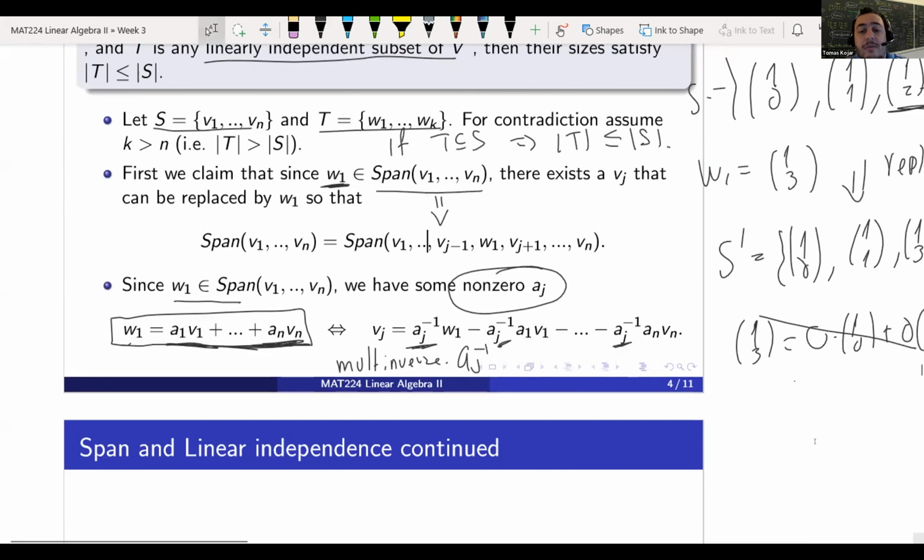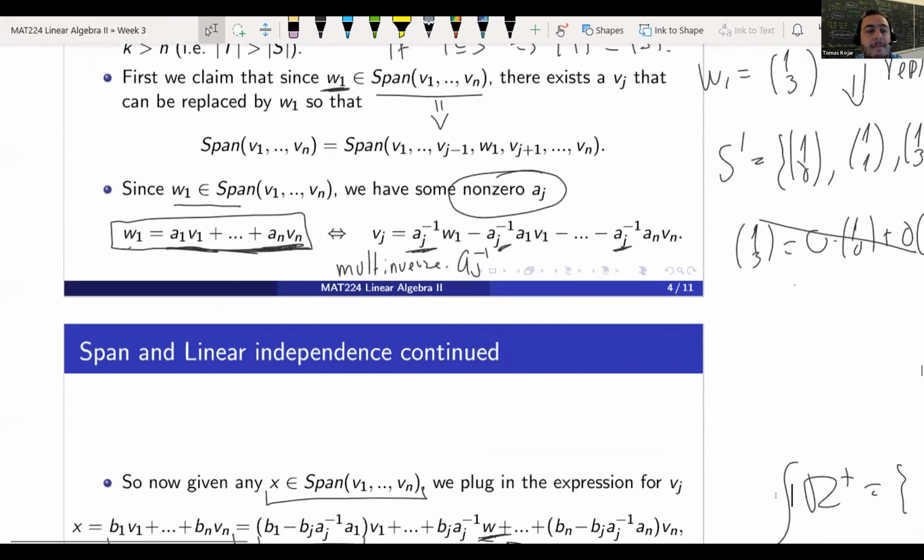And we do the following trick. We write W1 in terms of all the V's, and then we isolate one of the vectors. We know there exists at least one of them whose coefficient will be non-zero. Otherwise, it's not in the span of it, right?